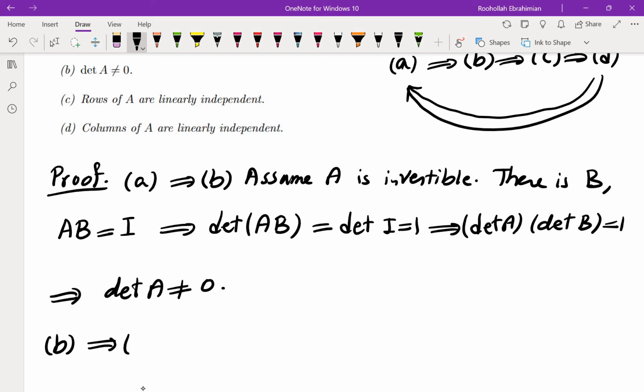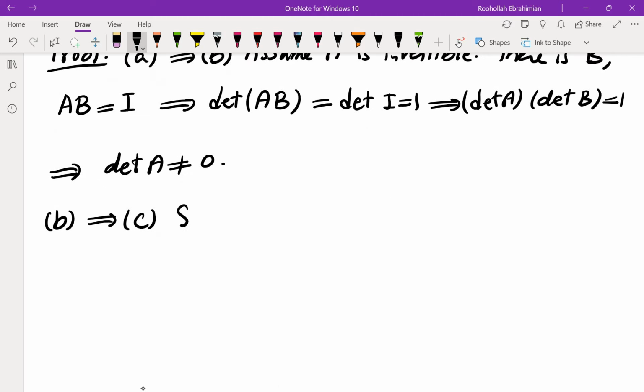Now let's prove B implies C. The determinant is non-zero, and we want to show that the rows are linearly independent. We had seen something about rows being linearly dependent. Suppose the determinant of A is not 0.